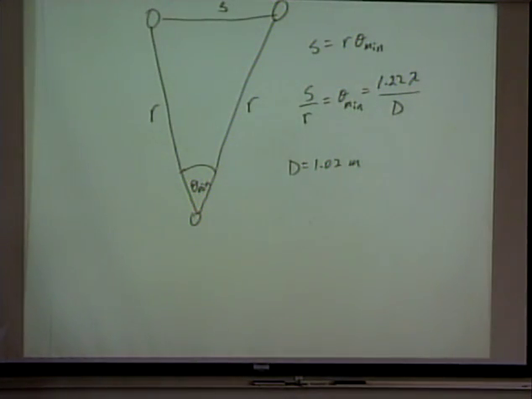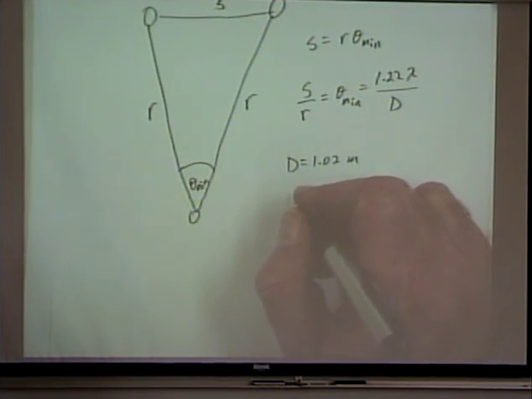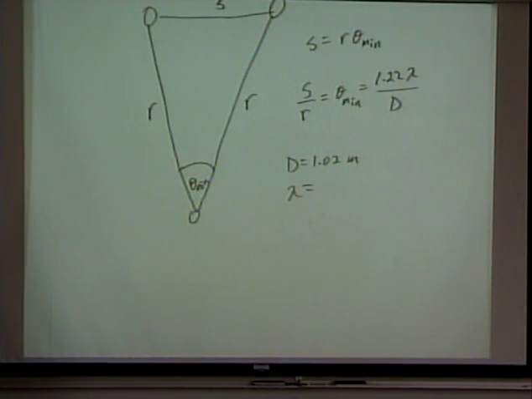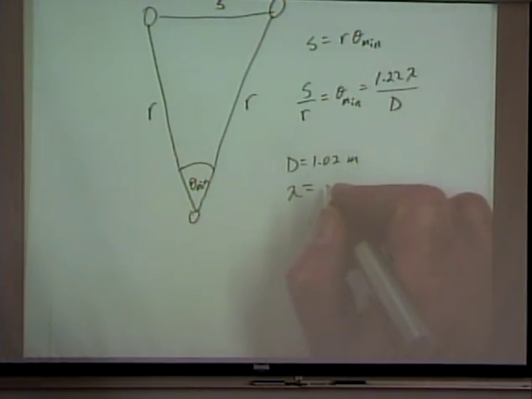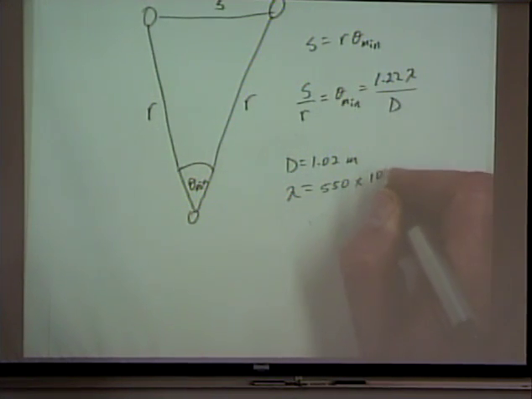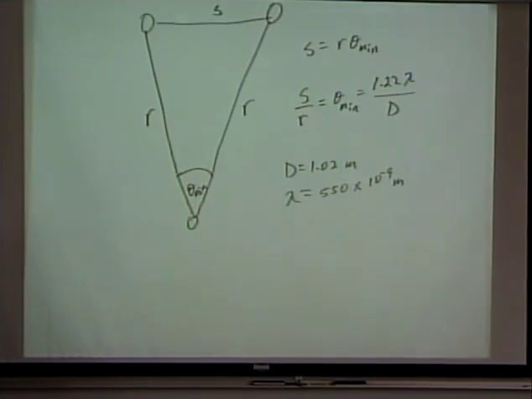And it just detects these 2 stars as separate objects, so it's right at the resolving distance. Assume that the light wavelength is 550 nanometers. So the light wavelength, that's our lambda, is 550 times 10 to the negative 9 meters.